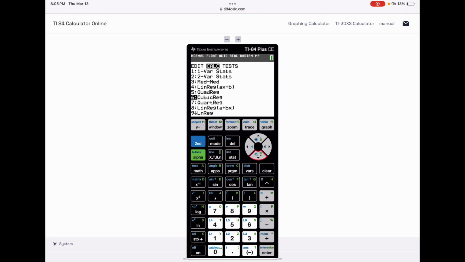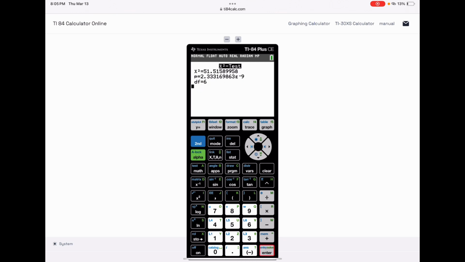For both chi-squared for independence and chi-squared for homogeneity, we go down to option C. Not option D, which we've used for goodness of fit, GOF, but option C, chi-squared test. Click enter. Auto-populated should be matrix A. Matrix B is going to hold our expected values. It's going to hold the counts that we're looking for, our expected counts, once we click calculate.